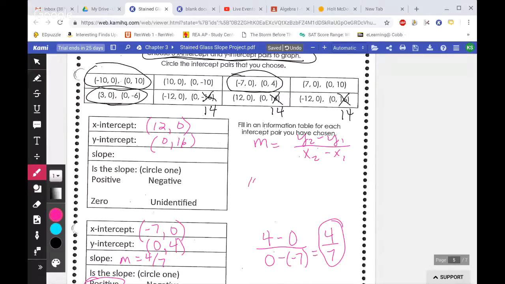All right. 16 minus 0 over 0 minus 12 is 16 over negative 12. And I can divide both of those by 4, which takes that down to 4 over 3, and it's negative. So my slope is negative 4/3.